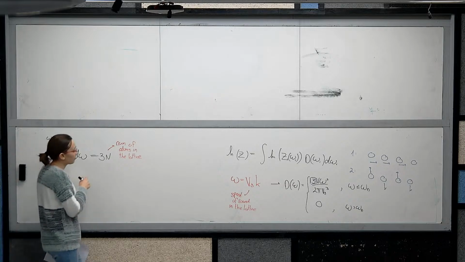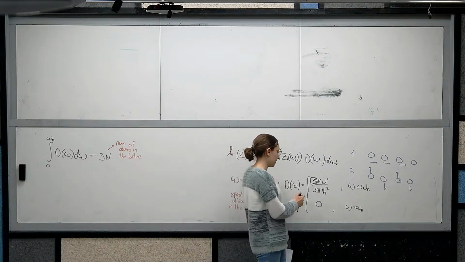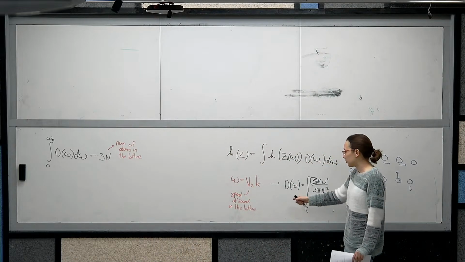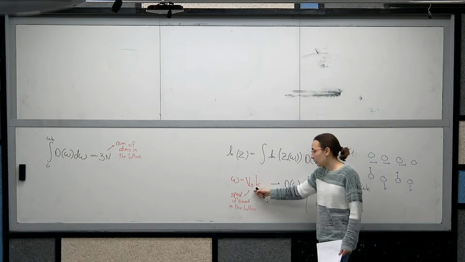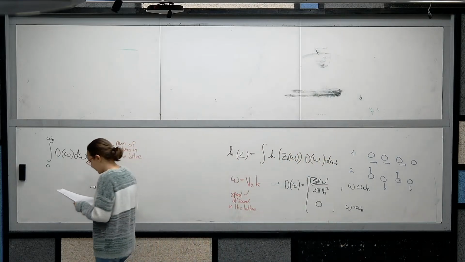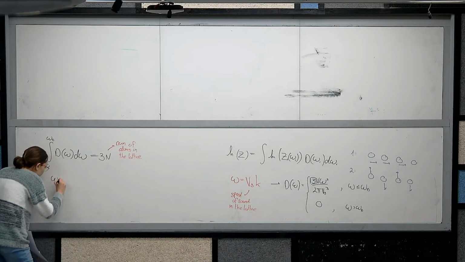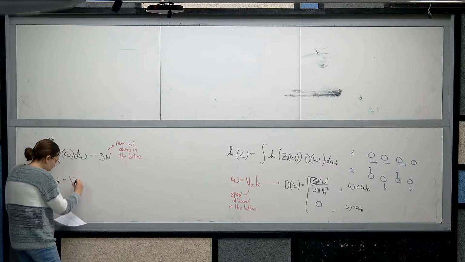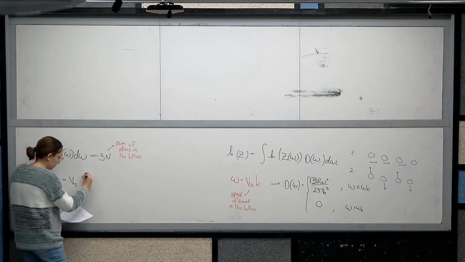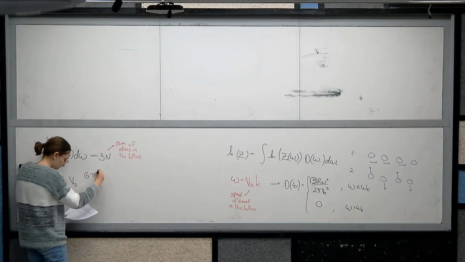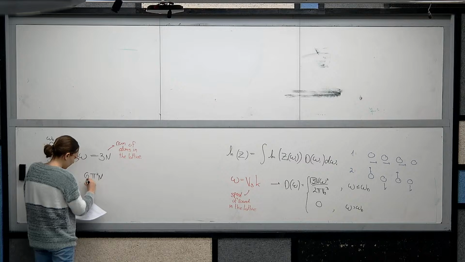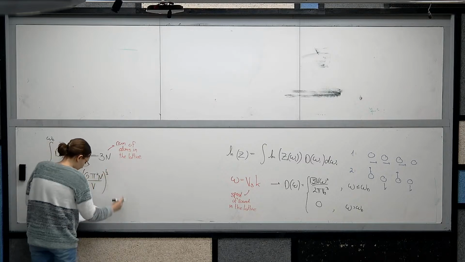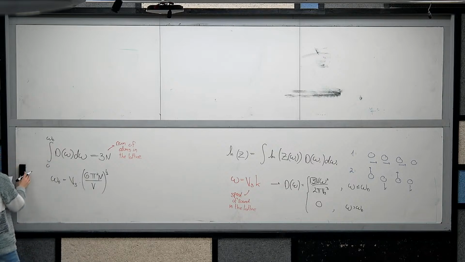If we apply the density of states under the assumption of the Debye model, we get that this critical frequency, this Debye frequency, equals Vs times (6 pi squared N divided by V) to the power of 1/3.